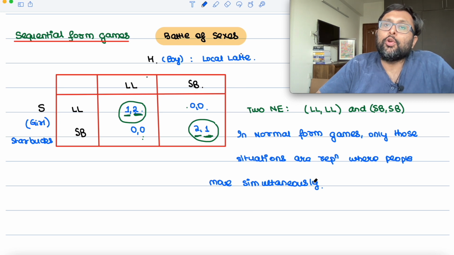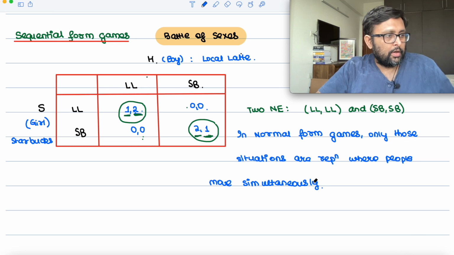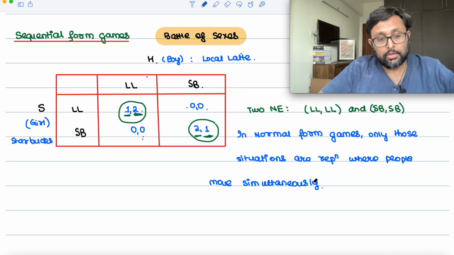So there is no sequential nature of the game. So it's not that who is moving first. There is no concept of time out there. But there are many situations in which the sequence is going to be playing their part.